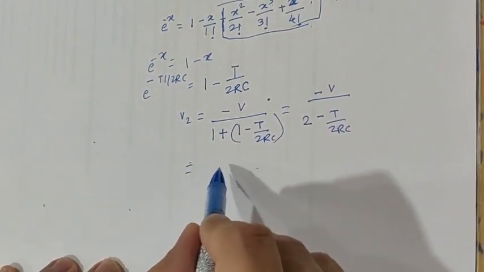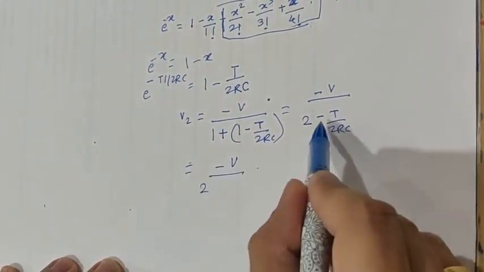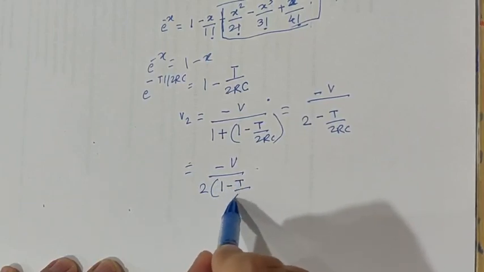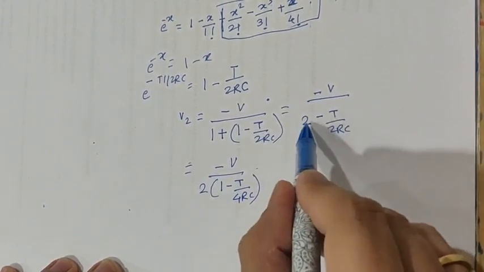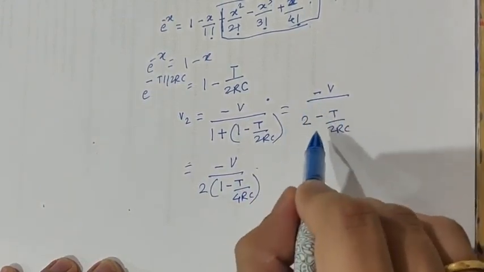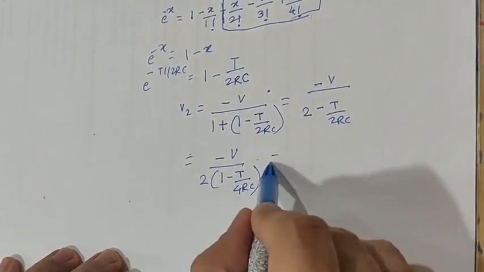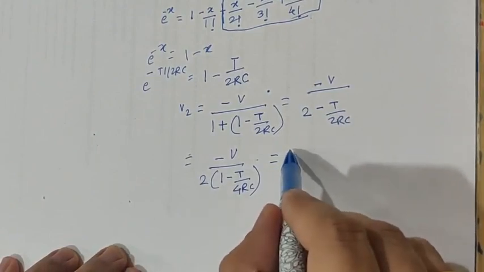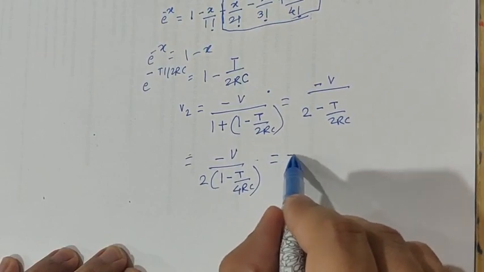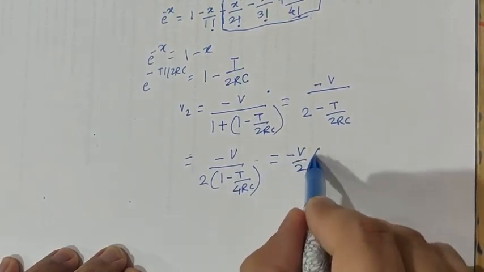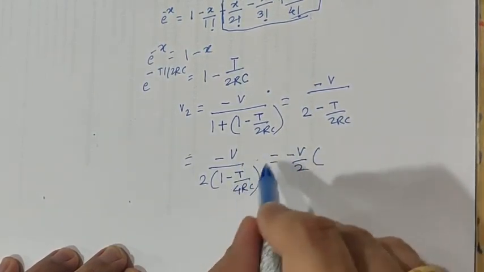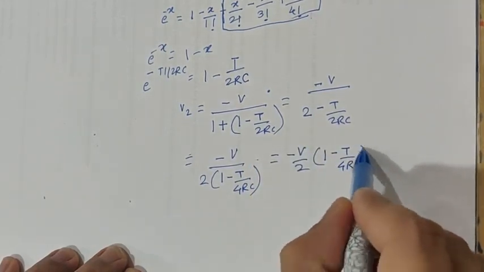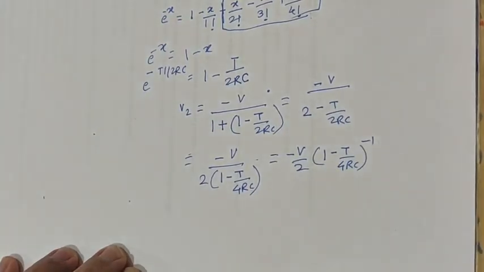So what I will be doing is, minus V upon, taking 2 common again, so it is going to be 1 minus t by 4RC, taking 2 common from this particular term. I can write this as minus V by 2, and taking this term to the upper side, it is 1 minus t by 4RC to the power minus 1.